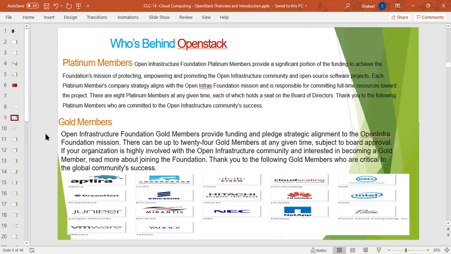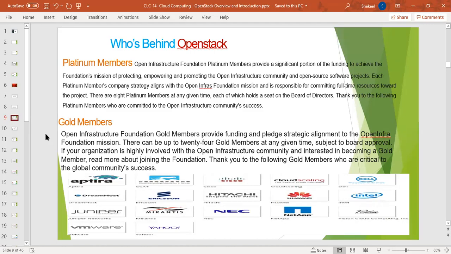Each platinum member's company strategy aligns with the Open Infra Foundation mission and is responsible for committing full-time resources towards the project. There are 8 platinum members at any given time, each of which holds a seat on the board of directors.